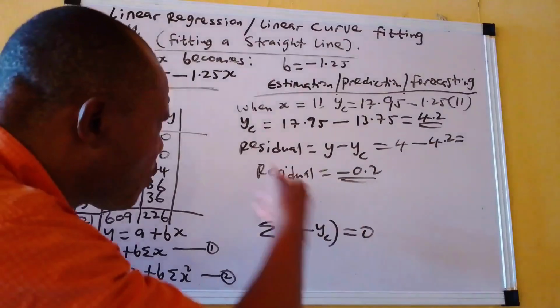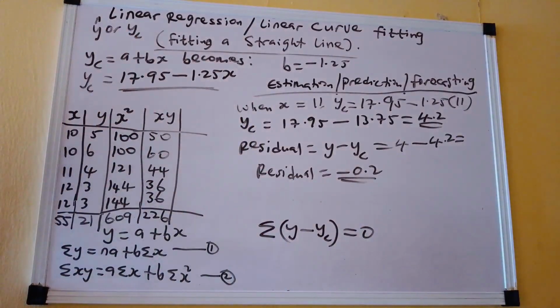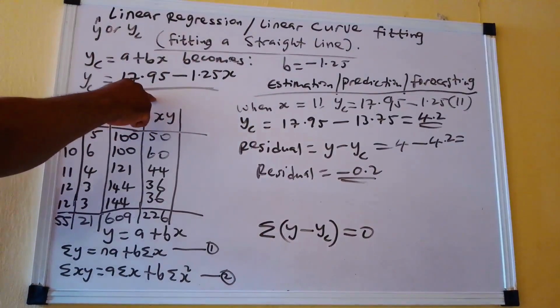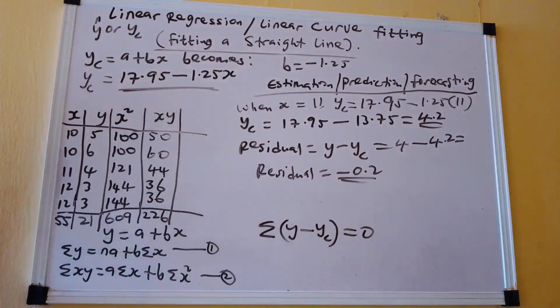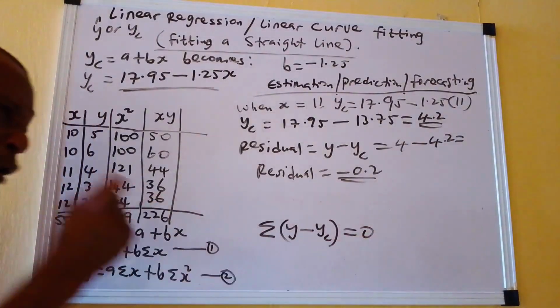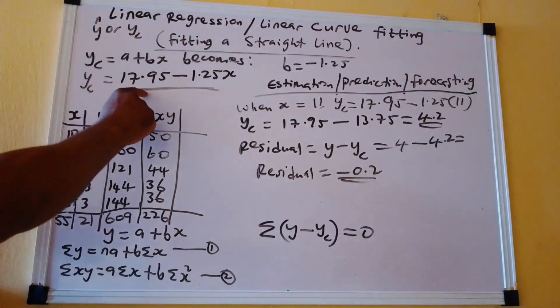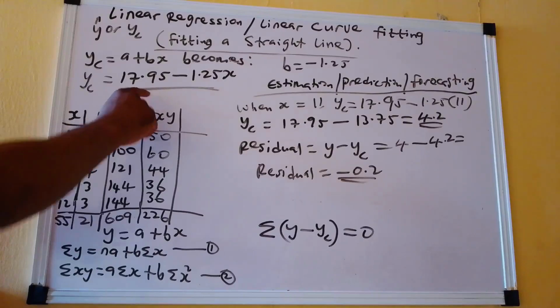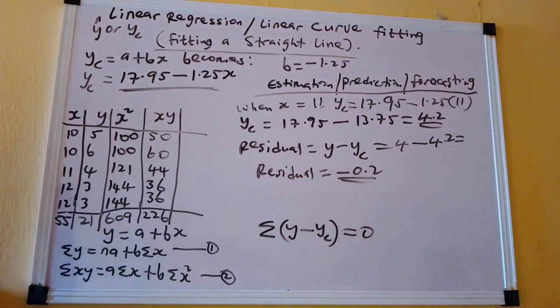If this error term is equal to 0, that means this straight line model is a line of best fit. If we achieve 0 at this, or very close to 0, that means the model we have gotten for this data is a line of best fit. It fits the data best. That is what it means.